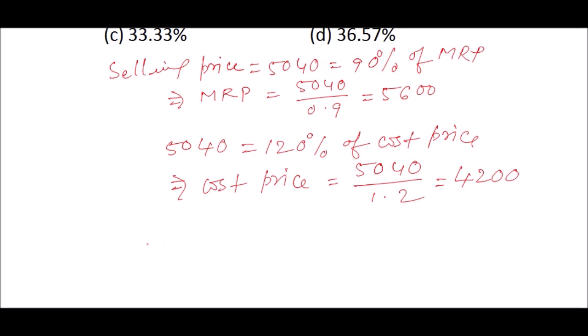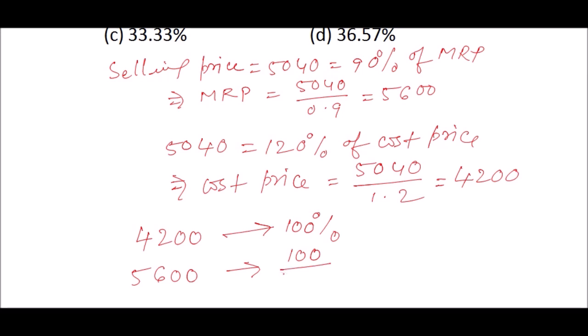Therefore, if we take 4200, which is the cost price, as 100%, then 5600 is how much percentage? That means 100 divided by 4200 multiplied by 5600.